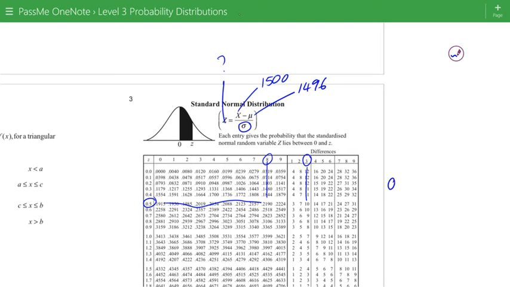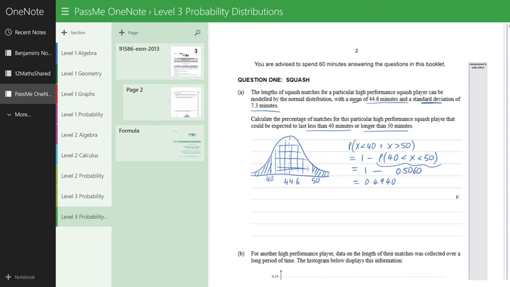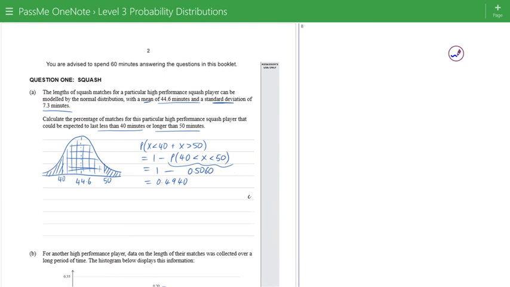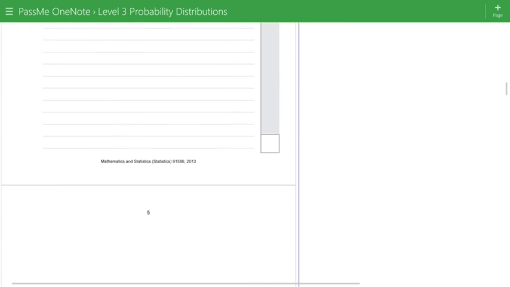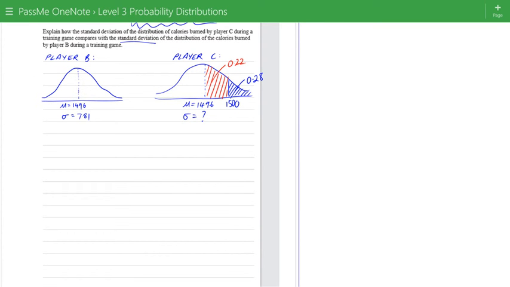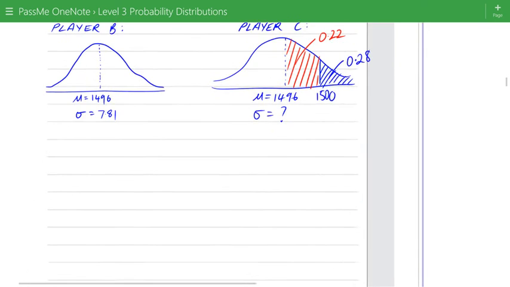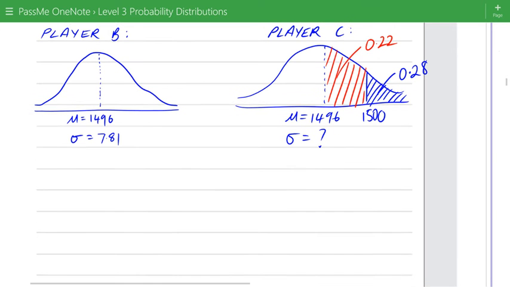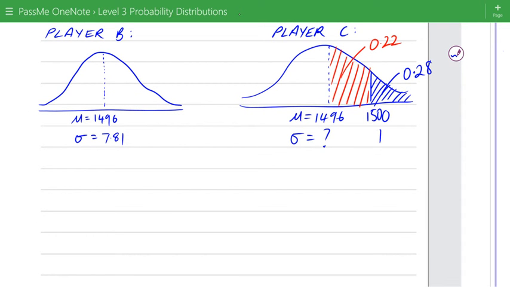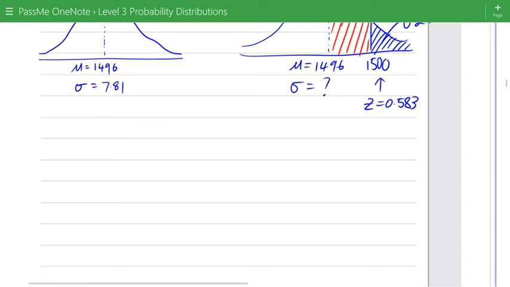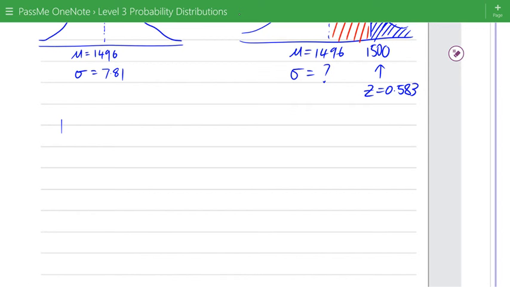So that number again is 0.583. Let's go back to where we were. Here we are. Our z value for this amount here would be 0.583.